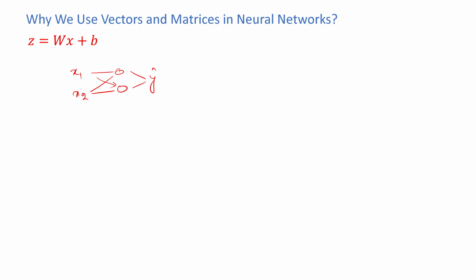So when we use vectors and matrices, the reason is not to make things harder. It is actually to make them cleaner and much more powerful. When a network is very small, just like I showed you here, writing equations is fine.